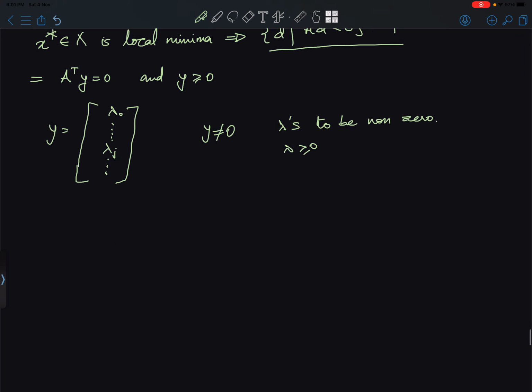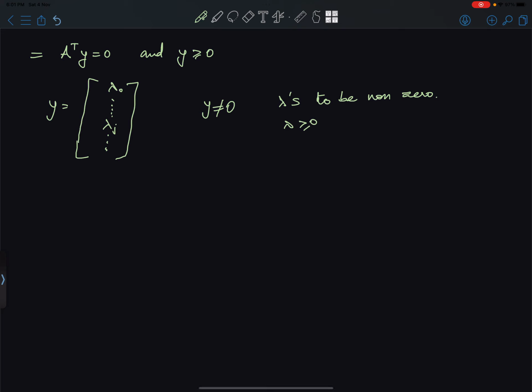So let's write this condition: lambda 0 times gradient of f of x star plus summation of lambda j gradient of hj x star, where j belongs to the active set of x star, and this is equal to 0.